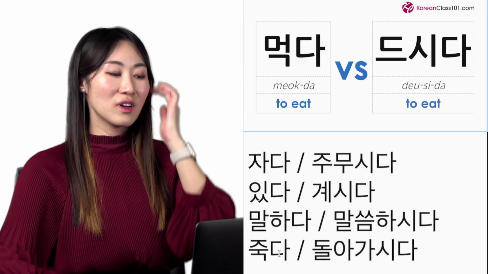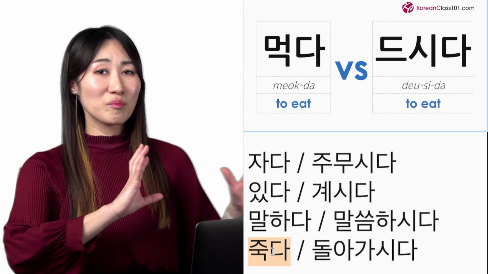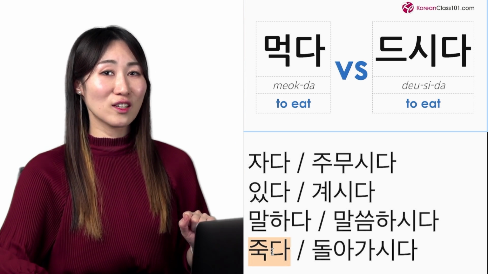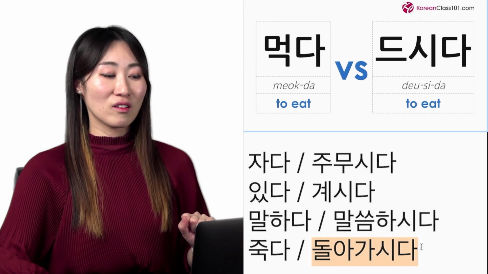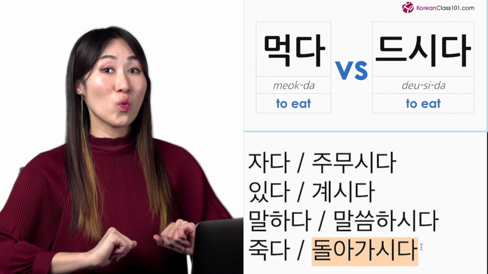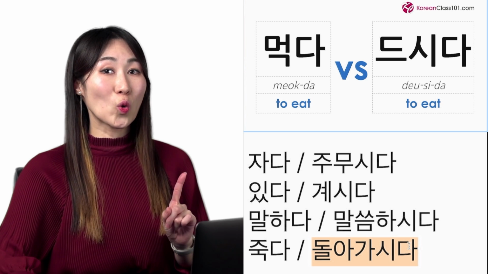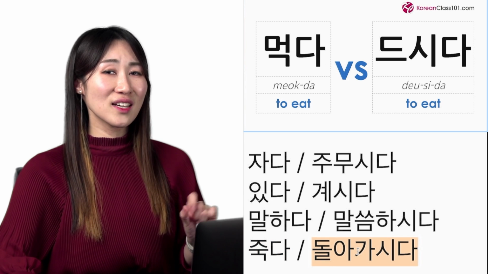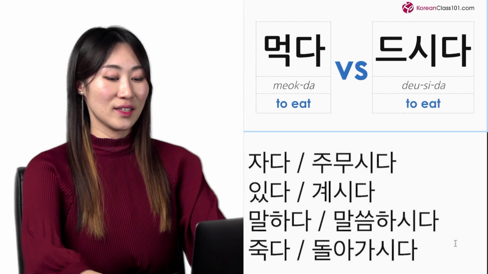For example, I'm raising some plants, but my plants died, so I can use this word, 죽다. But my grandparents passed away, so I use this word, 돌아가시다. So 죽다 is like to die, and 돌아가시다 is like to pass away.